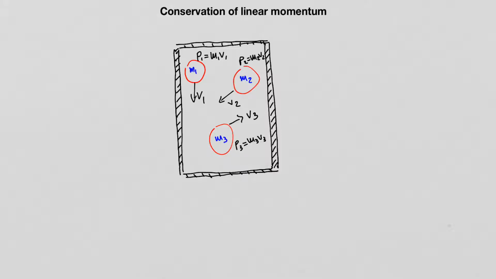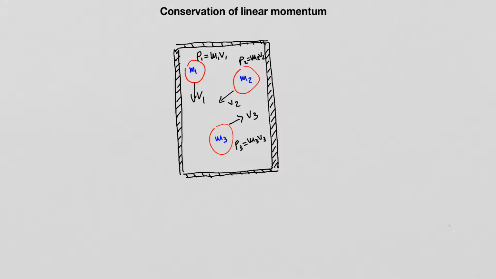An isolated system can be formed by all kinds of objects, with the only condition being that no external forces act on the objects of the system. So we can also have, let's say, train cars that interact with each other on the tracks. We are going to ignore external forces such as friction.